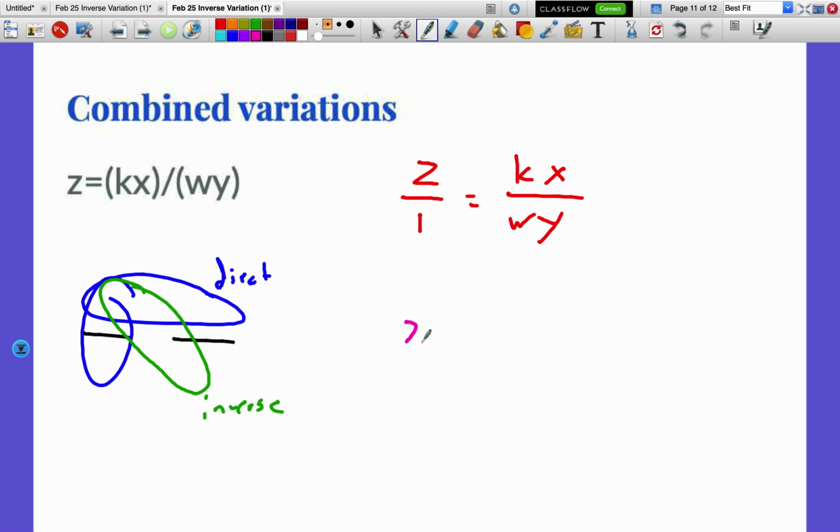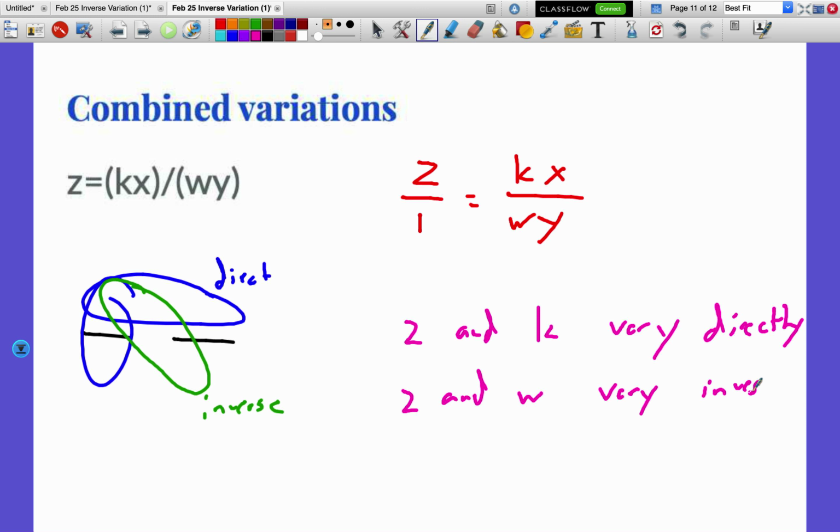And now we can make lots of different statements. We can say z and k vary directly. z and w vary inversely. k and y, how do those vary?